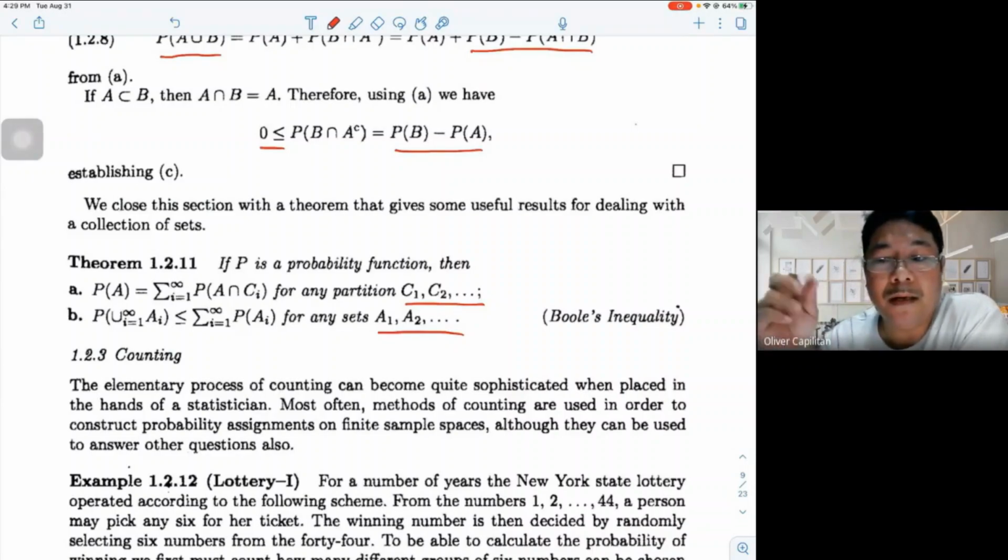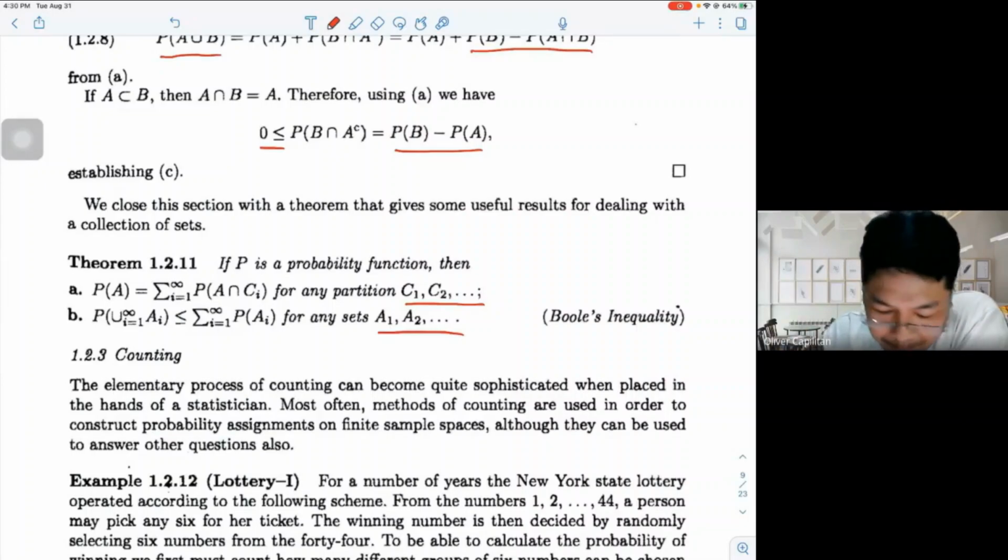The probability of A union B equals the probability of A plus the probability of B minus the probability of A intersection B. So that would imply for these two events that the probability of A union B is less than or equal to the sum of the probability of A plus the probability of B. We call this Boole's inequality.